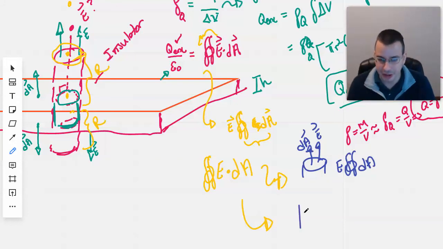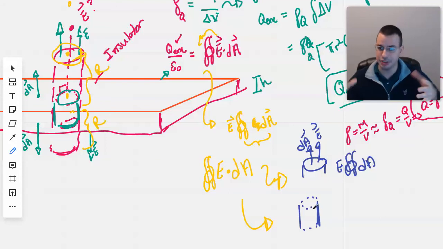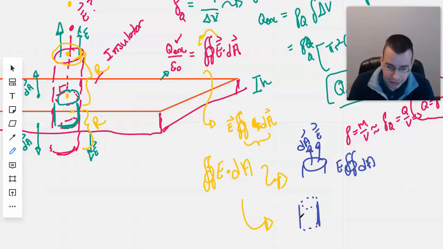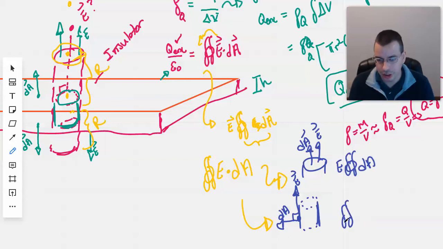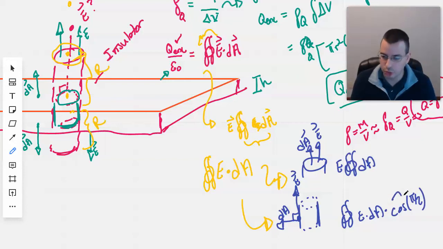We also have another part where we're looking at the sides. I'm going to draw little dots here to show that this is not the top of the Gaussian shape, but just a side of the cylinder, where we have the electric field still going up like this, but then we also have a dA on the side going that way, and so it's perpendicular. So this will be the integral of E dot dA times cosine of pi over 2, which is 0, which makes this whole thing 0.